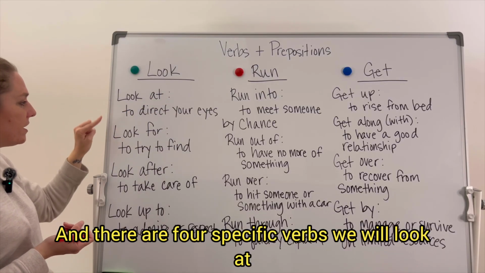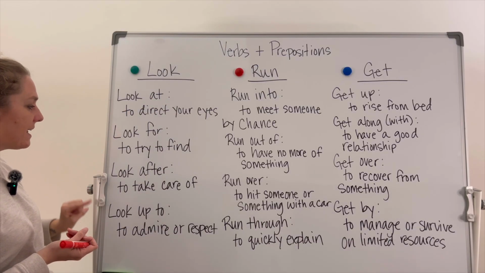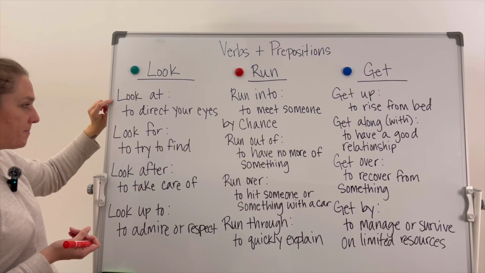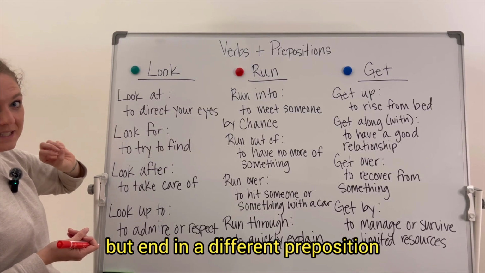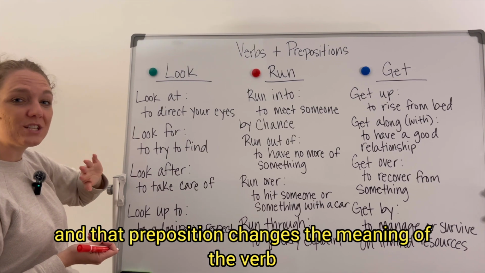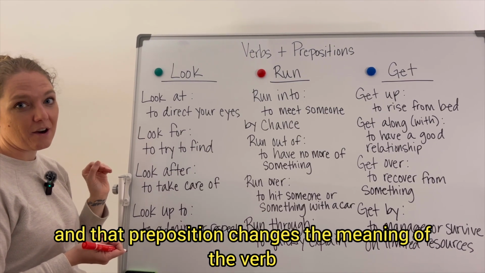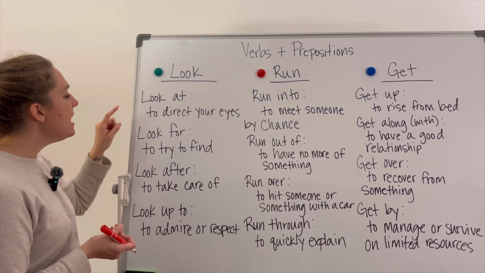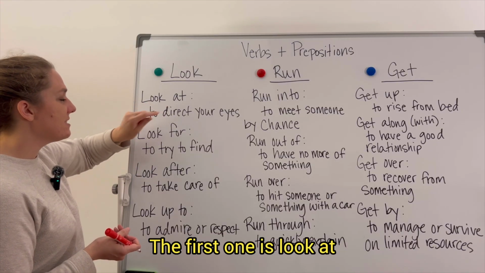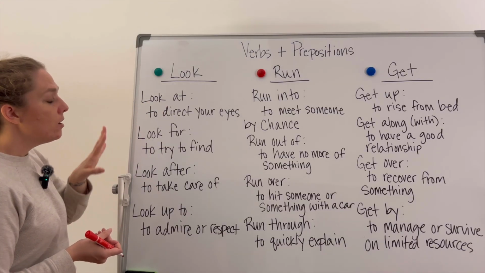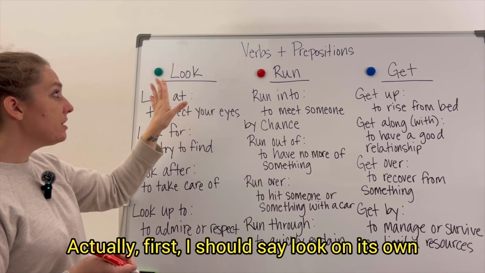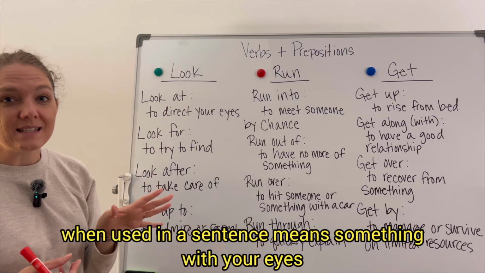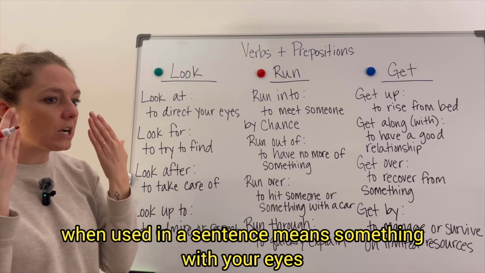And there are 4 specific verbs we will look at that all start with look, but end in a different preposition, and that preposition changes the meaning of the verb. The first one is look at. Actually, first, I should say look on its own when used in a sentence means something with your eyes.